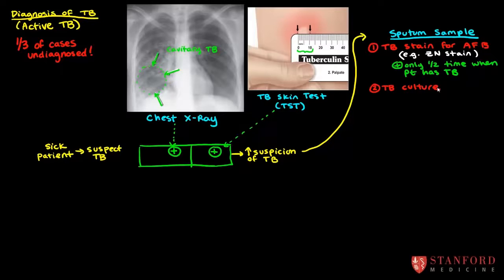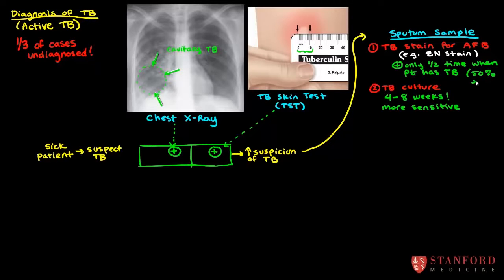So it takes 4 to 8 weeks for a culture to become positive if TB is actually present. But it's important to do because culture is much more sensitive, much more reliable in detecting the TB if it's present than the stain was. So instead of 50%, it's more like 80%.